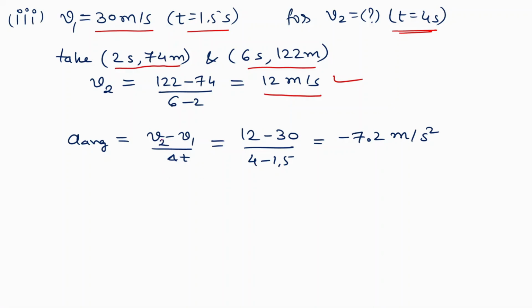For that we have (v2 minus v1) upon delta t. So 12 minus 30 upon 4 minus 1.5 gives minus 7.2 meters per second squared. This is exactly the value the question asks for. If you take other points, you can also get the same value, because the acceleration is constant.